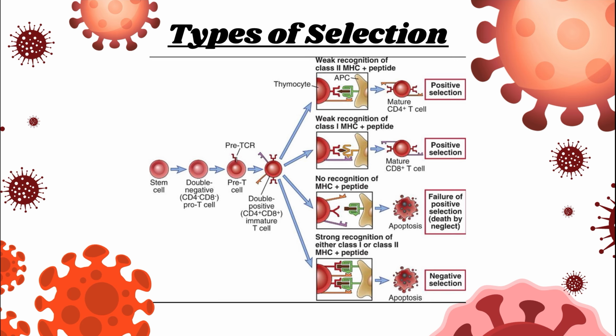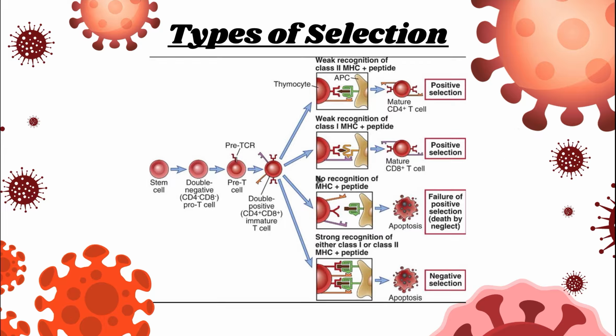This image is also showing positive and negative selection of T cells. It shows how MHC class 1 and MHC class 2 are chosen. If there is a weak recognition of MHC class 2, then these double positive immature T cells are chosen to become mature CD4 T cells. If there's a weak recognition of MHC class 1, then these double positive T cells are chosen to become mature CD8 T cells.